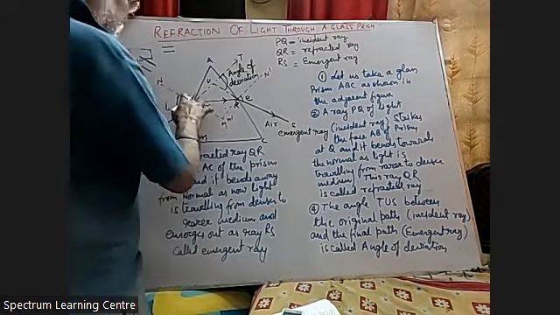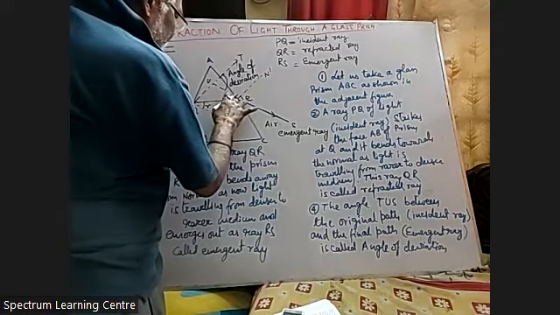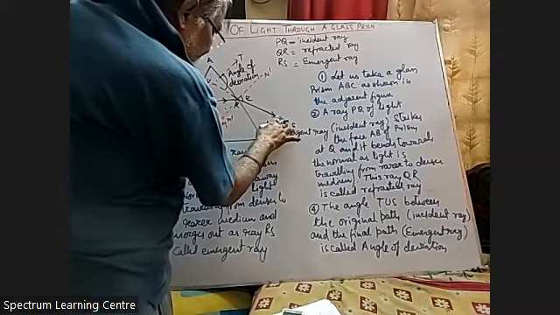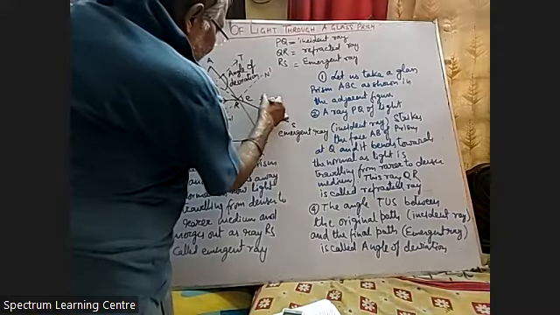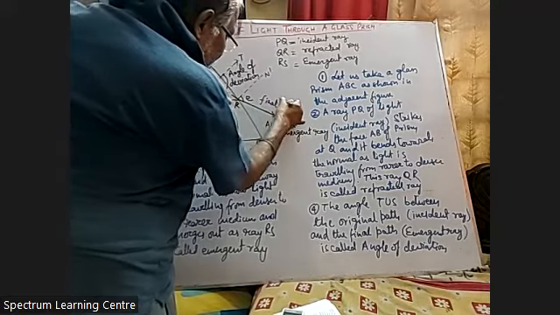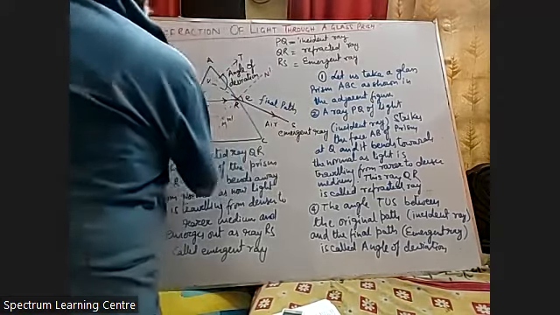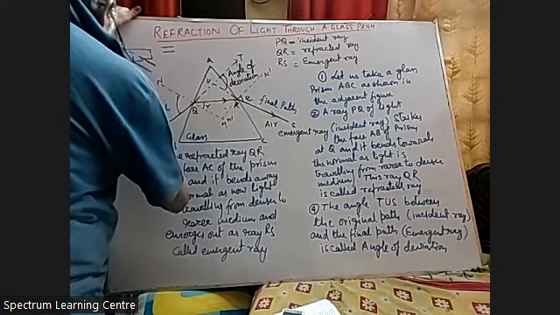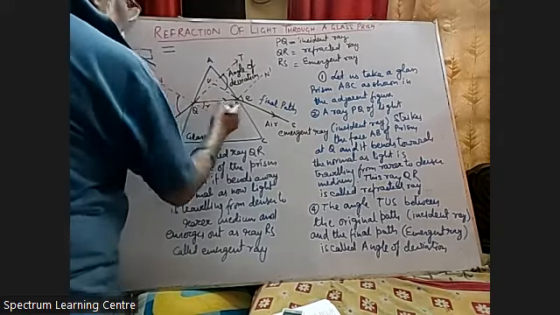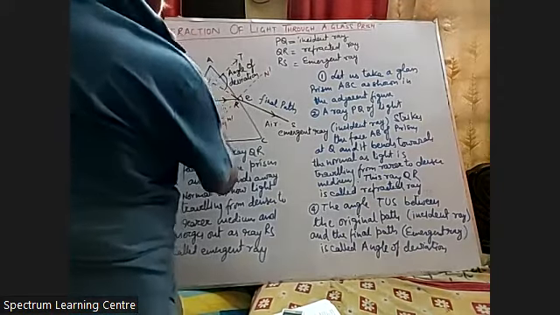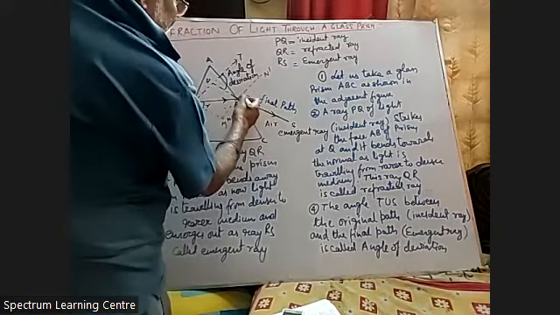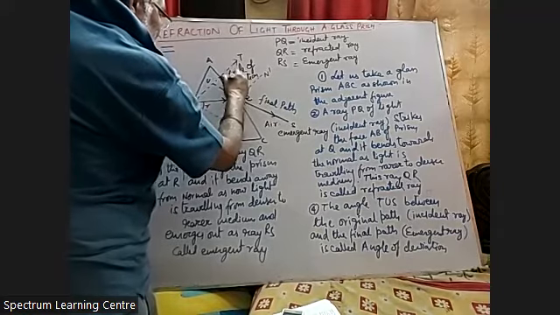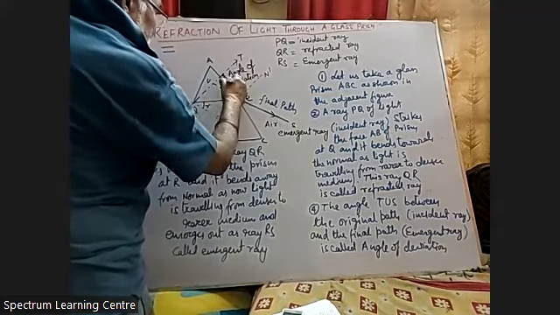Now since the prism is here, it gets refracted once here and again refracted here. So this is the final path, and this is the original path. Now if we produce back PQ forward and RS back, this much angle the light got deviated.